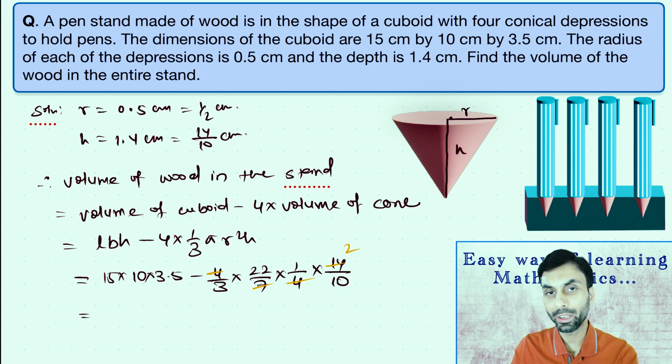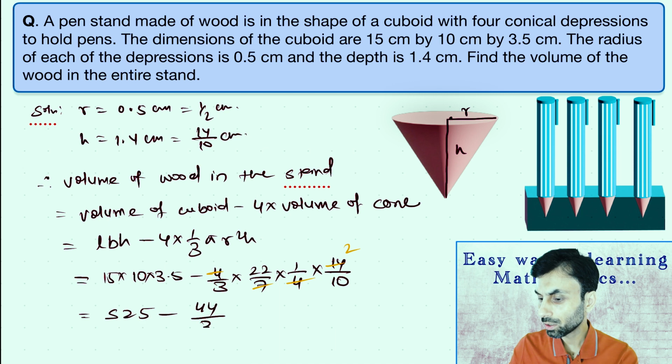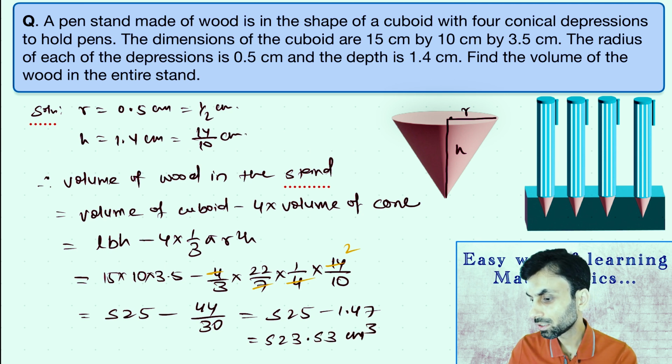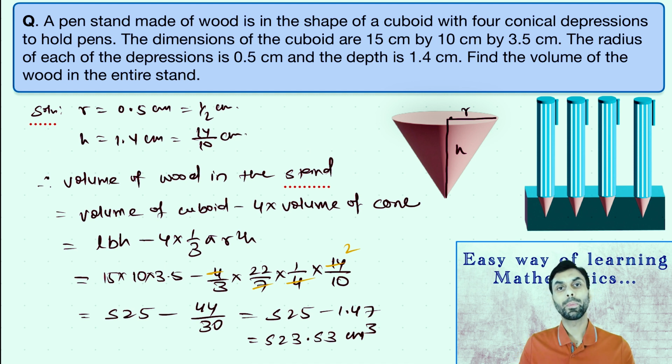So 3.5 into 10, that is 35, into 15, we'll get it as 525, minus 44 upon 30, which will be 525 minus 1.47, which will be equal to 523.53 cubic centimeter. So that will be the volume of the remaining stand after the conical depressions.